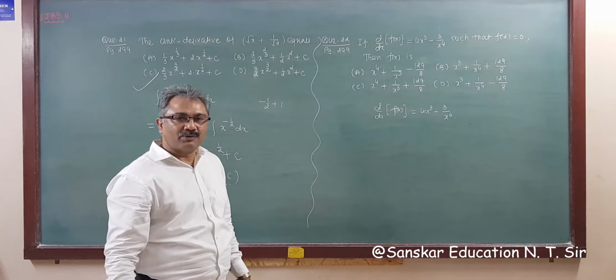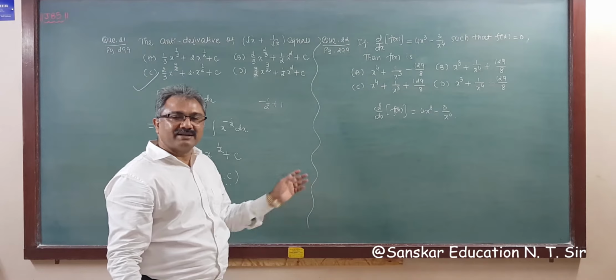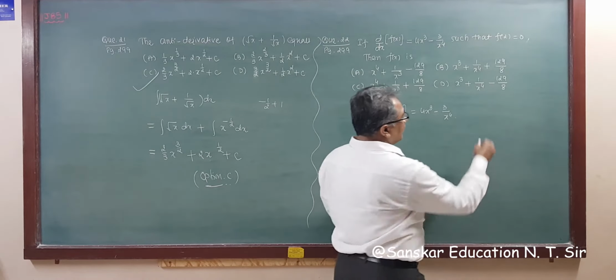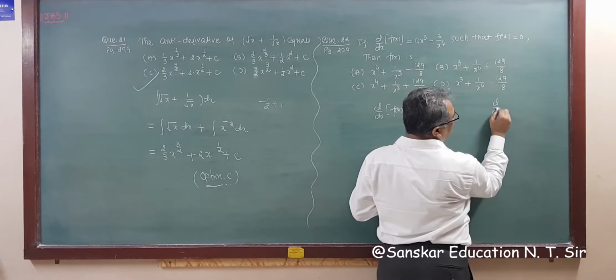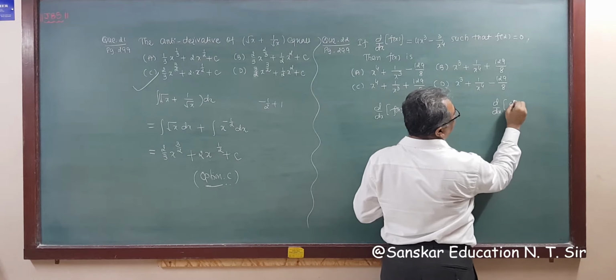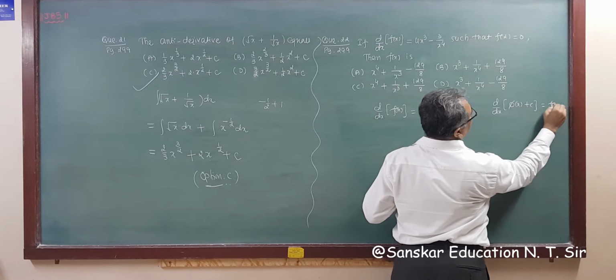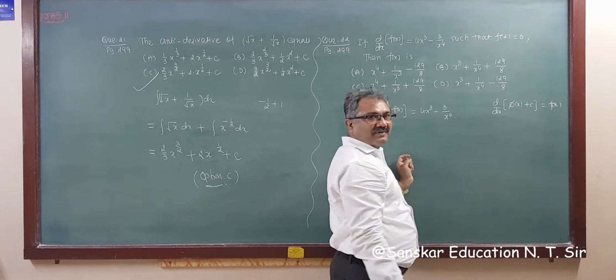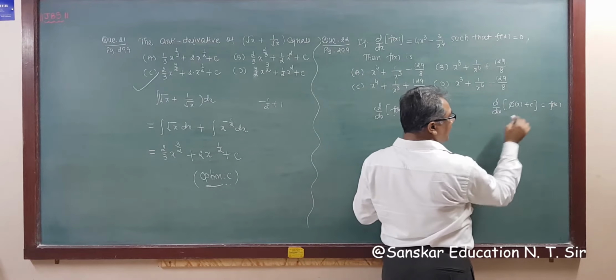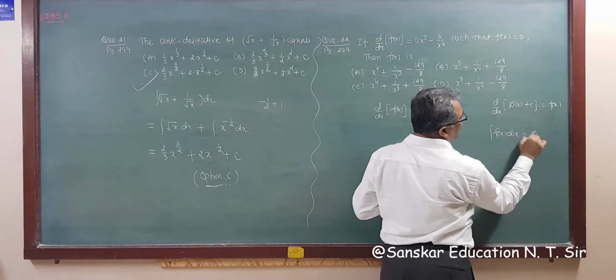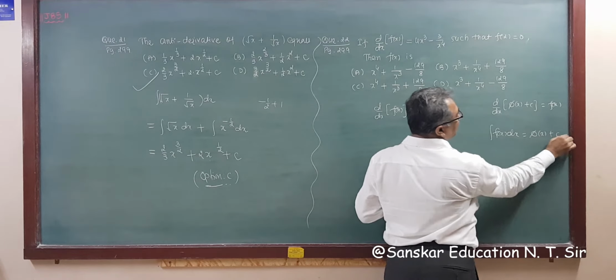Now let's recall what we have learned, right? If d dx of 5x plus c is equal to fx, then integration of fx dx is equal to 5x plus c.